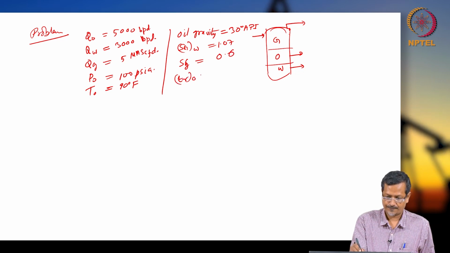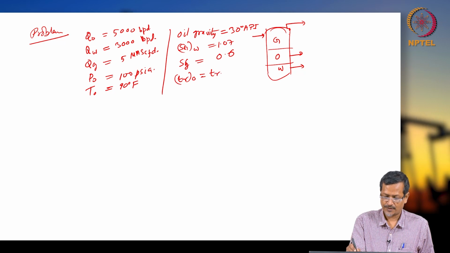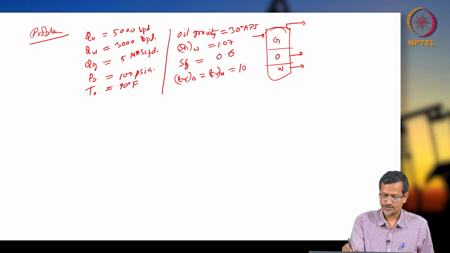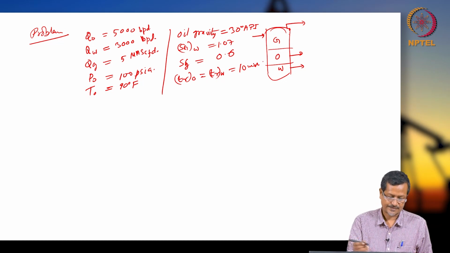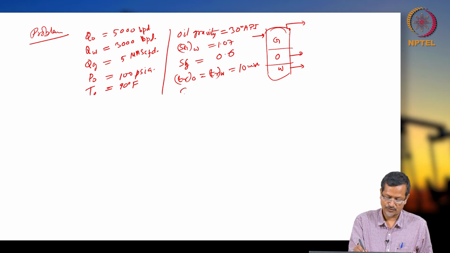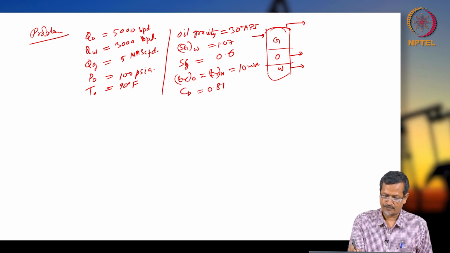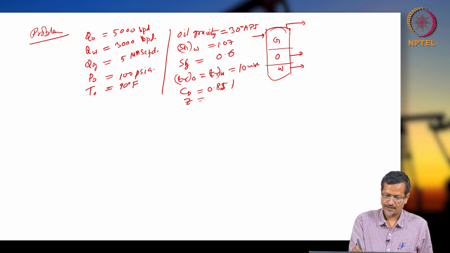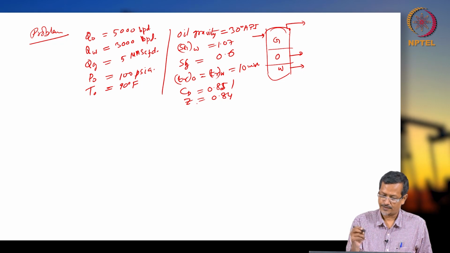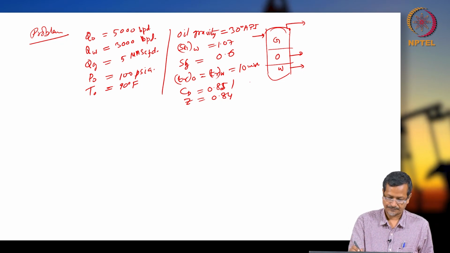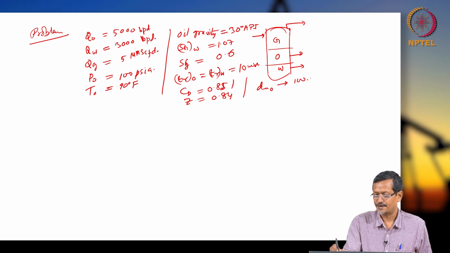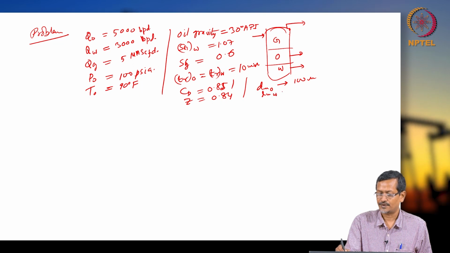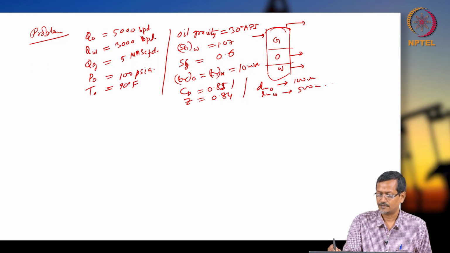Retention time, we are assuming both equal 10 minutes, that water or oil will be staying inside the vessel. We will also assume some values: CD is 0.851, Z is 0.84. Oil particle size dm oil is 100 micron, dm water is 500 micron.